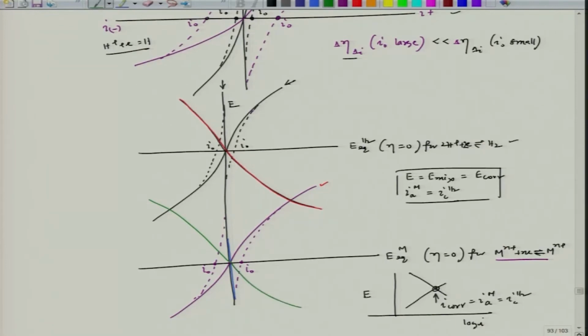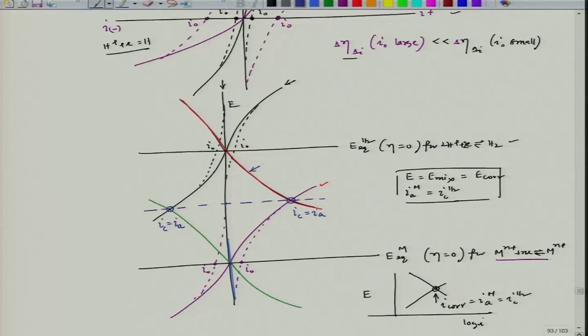Now I can see that they are meeting at this corrosion potential. So, at this condition as well as this condition, IC equal to IA, here also IC equal to IA.